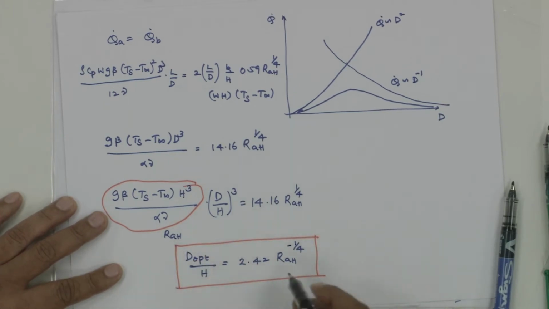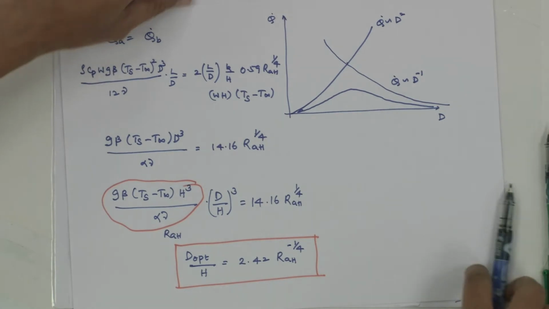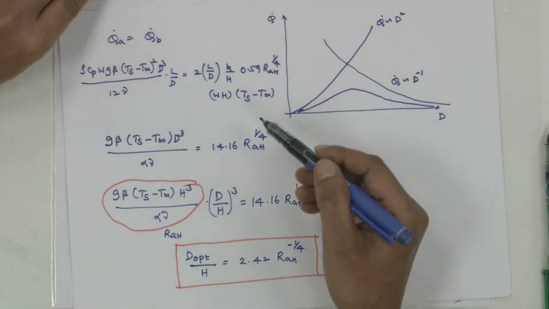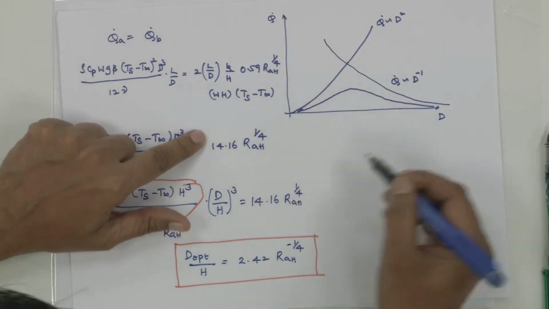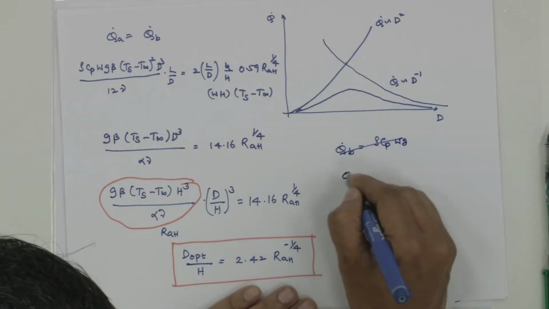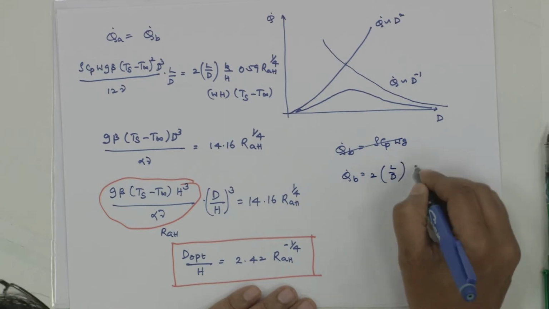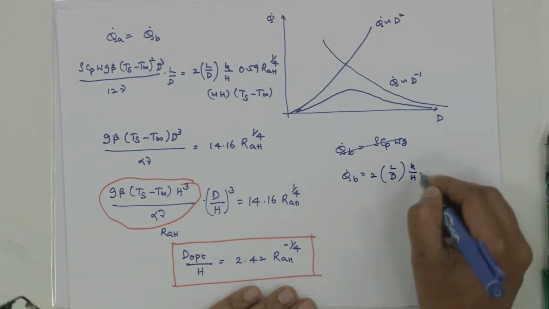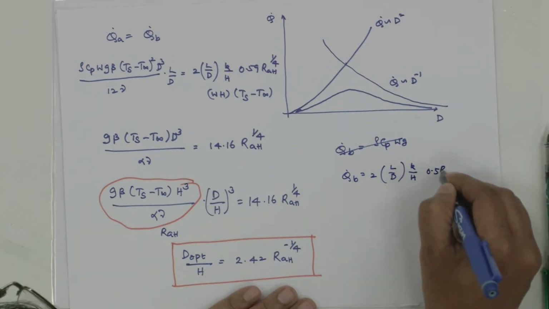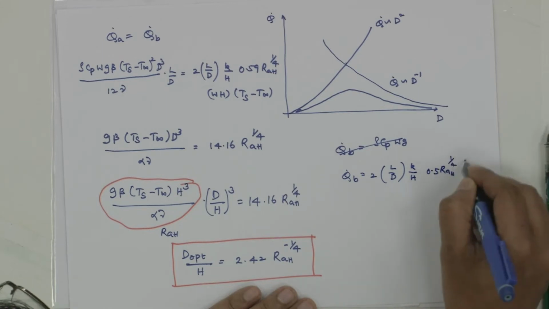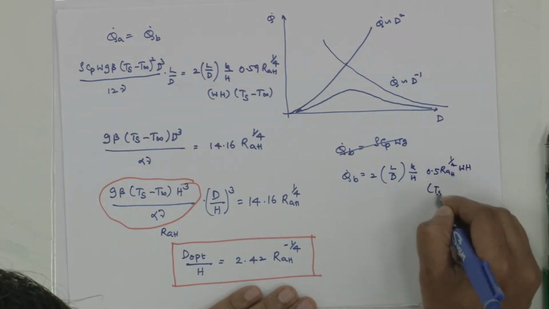If you substitute this D optimum either in Q dot A or in Q dot B, you are going to get Q dot B equal to 2 into L by D into K by H into 0.59 Rayleigh number to the power of 1 by 4 W H into (Ts minus T infinity).